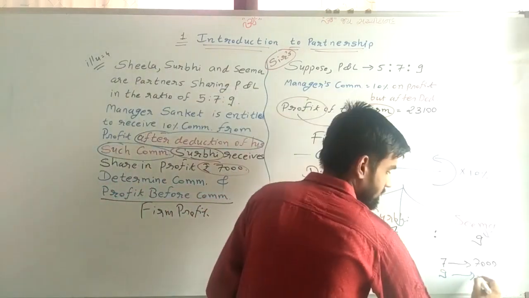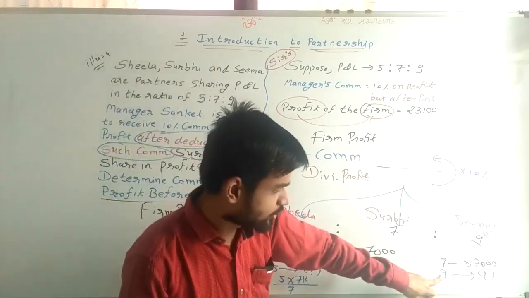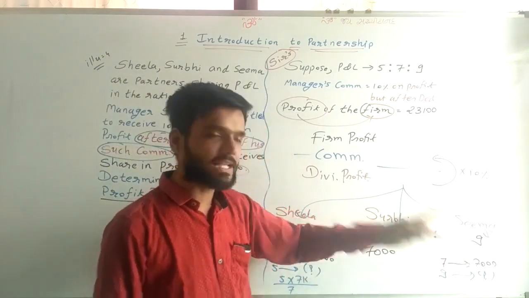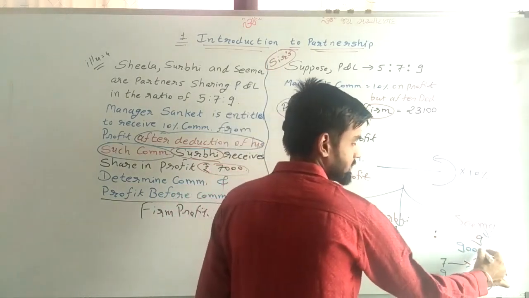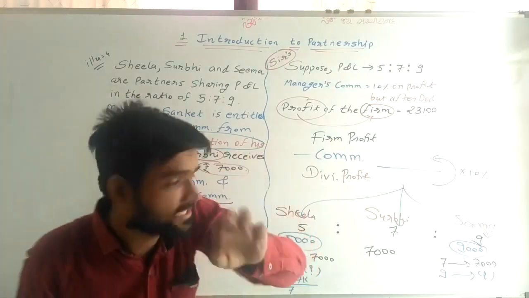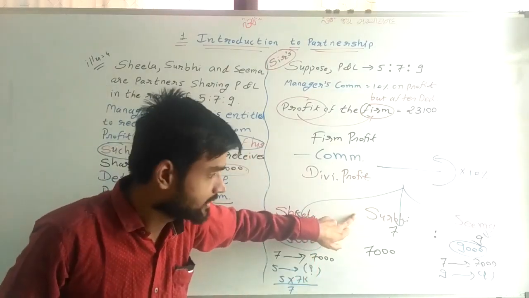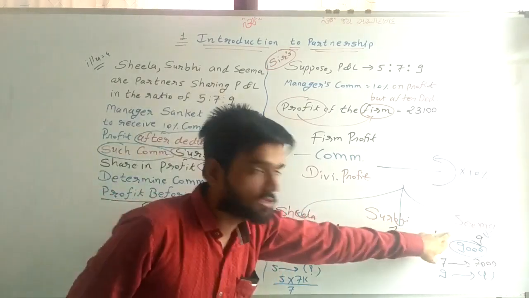So for 9, how many rupees profit is received by Seema? 9 into 7,000 divided by 7. You will get 9,000 rupees. So on the basis of Surbhi and their proportion, we can find others' profit.